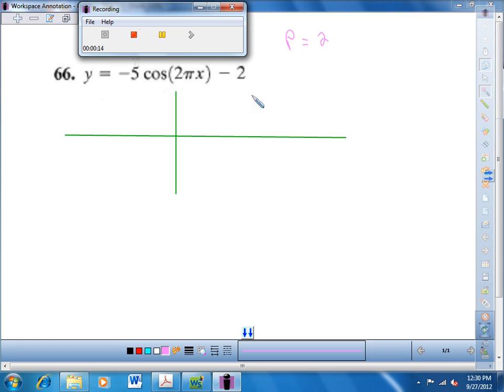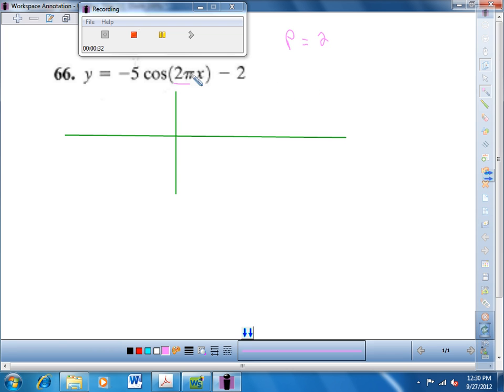Anyway, this one here is number 66 from section 5-4, and I'm trying to teach you how to graph something by hand. If you have something like this, this is the B, or the frequency, which they call omega, W, in the book.